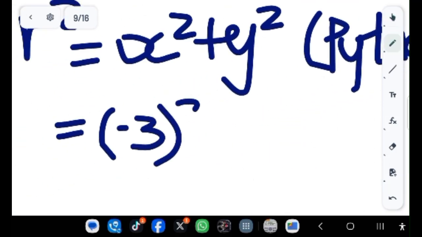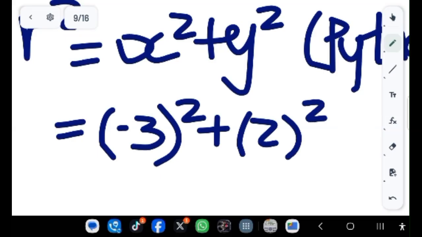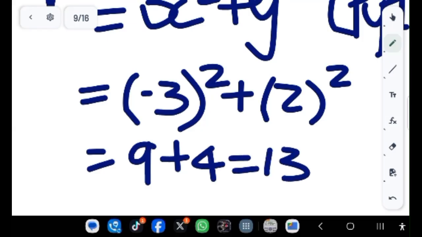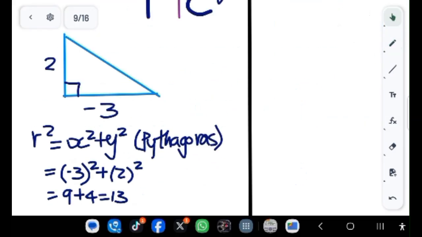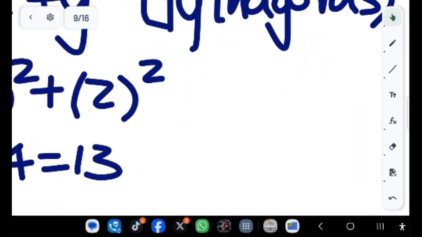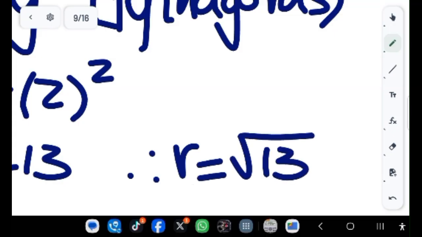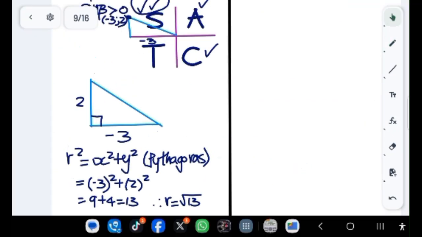Negative 3 all squared plus positive 2 all squared gives us 9 plus 4, which is 13. Therefore, the hypotenuse r will be the square root of 13. Remember, the hypotenuse can never be negative.